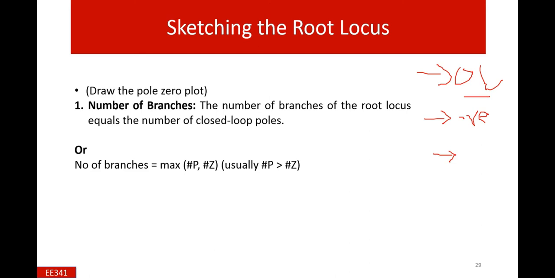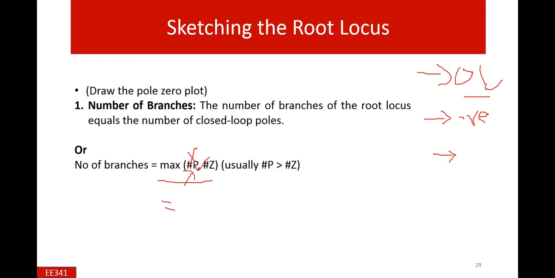Using these fundamental assumptions, we will use these rules to sketch the root locus. First one: how many branches are there? This is the maximum of the number of poles and zeros, but we are assuming the number of poles is greater.